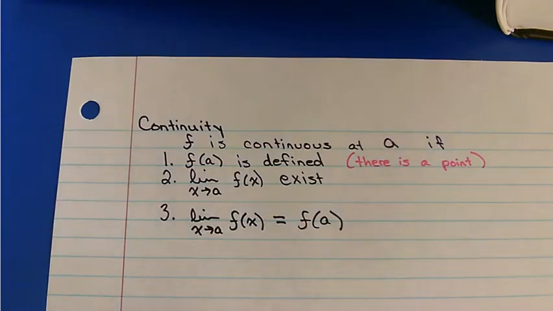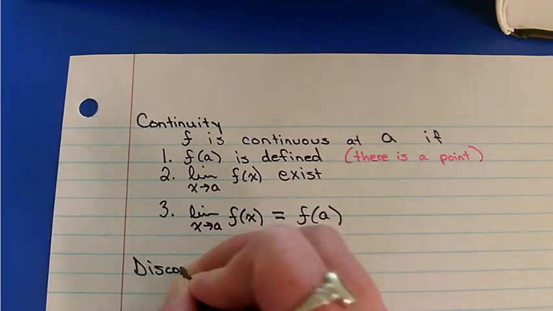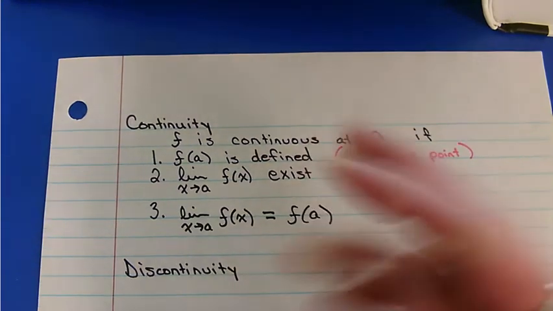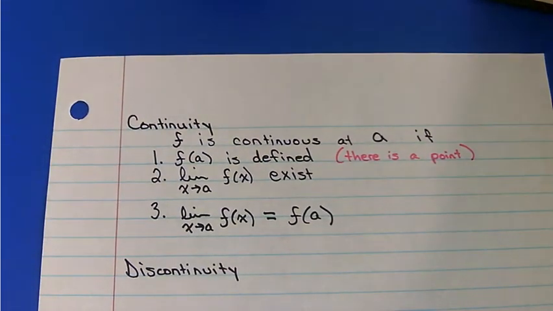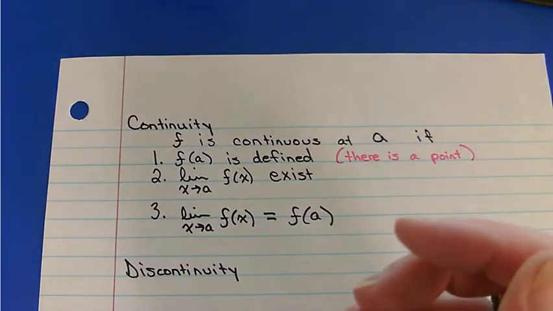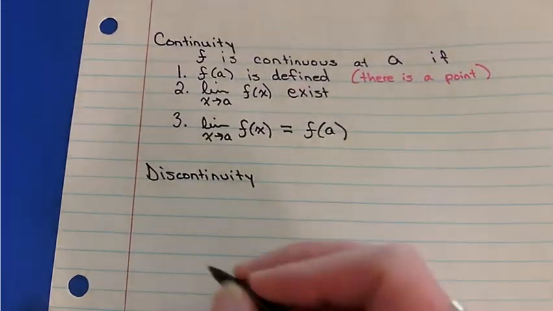Now, if it's discontinuous, there are several ways that it can be discontinuous. So I want to talk about discontinuity. Okay, so I'm going to draw a couple of graphs here.